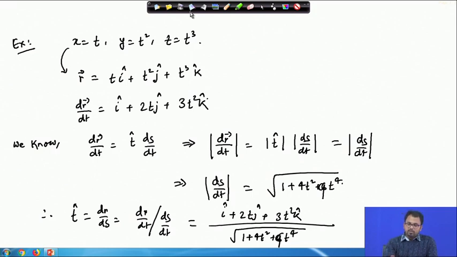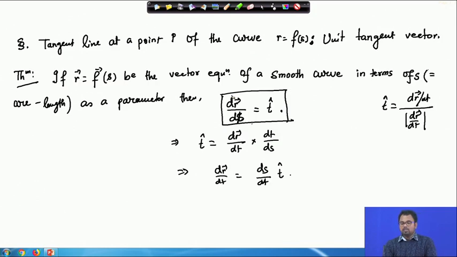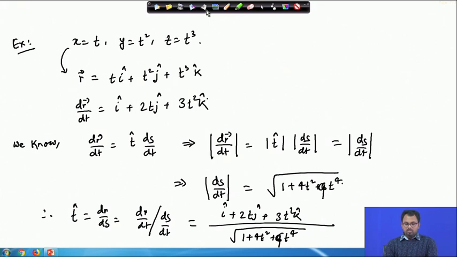If you have something in terms of s, then the derivative of r with respect to s would give you the unit tangent vector. So the unit tangent vector, the curve, and the arc length are related by t cap = dr/ds, and it's a very important relation to remember.